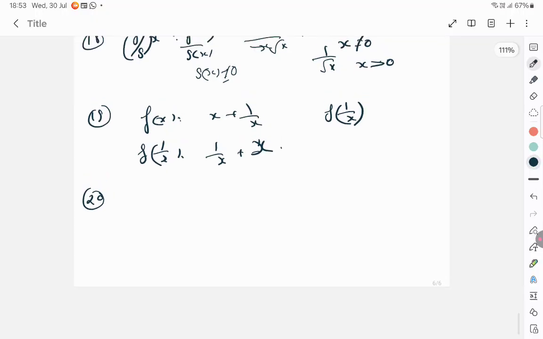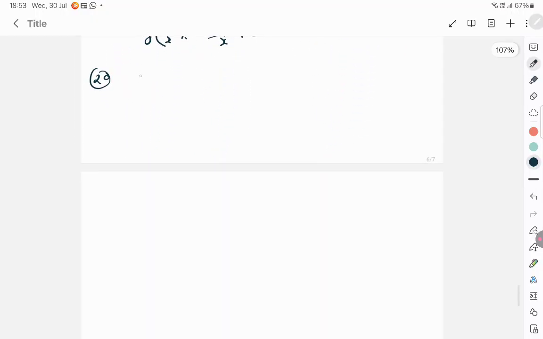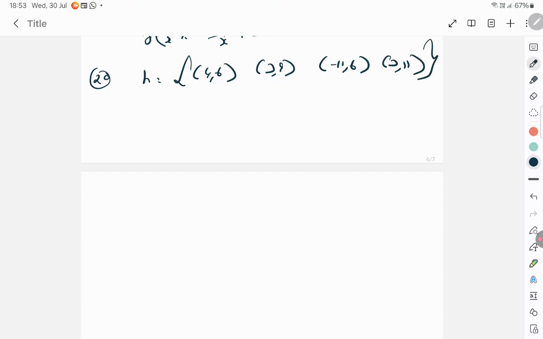Is a given function, if you're given a relation of function, so they have given this question, h is 4 comma 6, 3 comma 9, minus 11 comma 6, 3 comma 11. Okay, they've given h to be the function. They're given a relation, which means they're asking if it will be a function. The first element of the ordered pair is occurring only once.